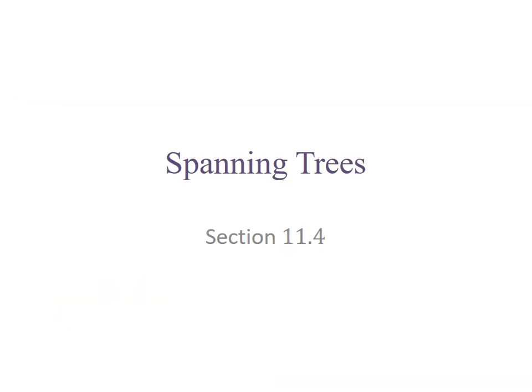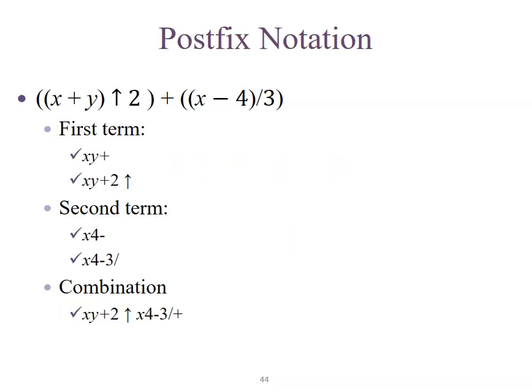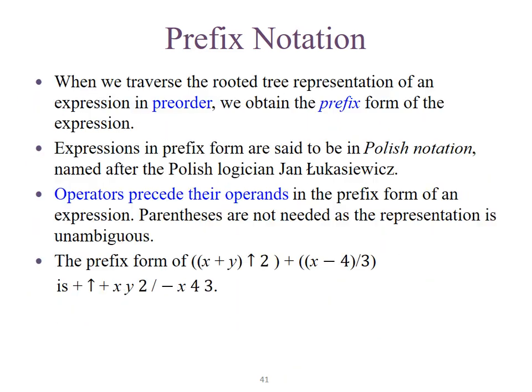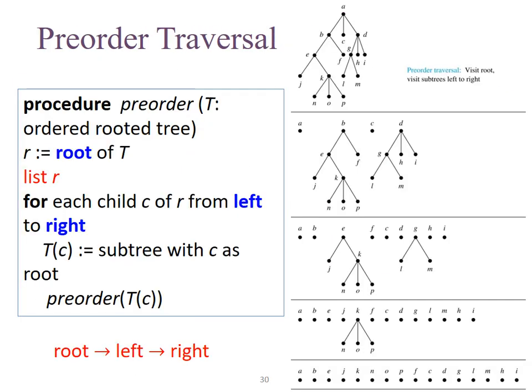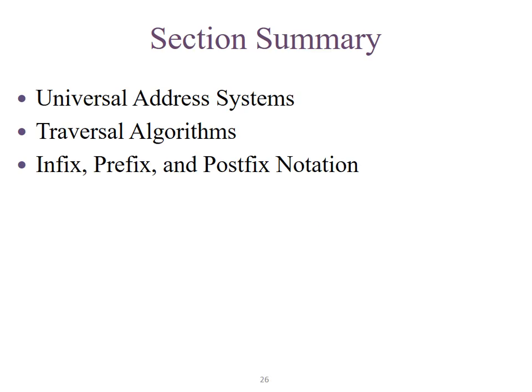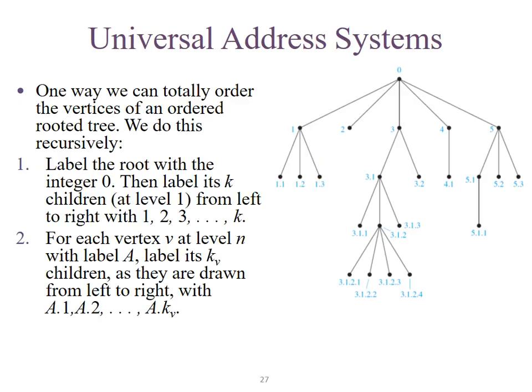All right, so that's the end of this section. Let's have a quick review. We have introduced the universal address system, that is how to represent a tree by its order. We can have different naming rules for different levels of the nodes of the tree, so we call this the universal address system.